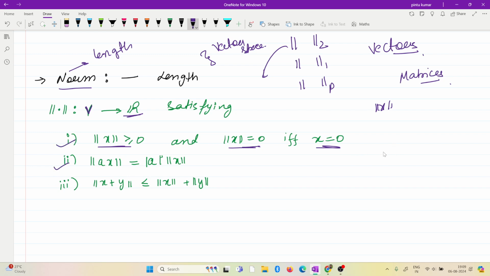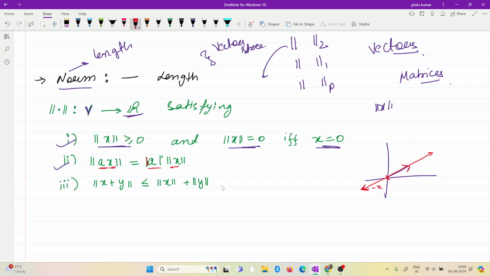Second property is, let's say this is my vector. Now I multiply it by 2. So it goes twice in the same direction. The length should be equally transformed. So if I take the length of 2 times x, it should be 2 times the length of x. Why this mod over here? This says even if you take it in the opposite direction, let's say this is minus x, the length remains the same.